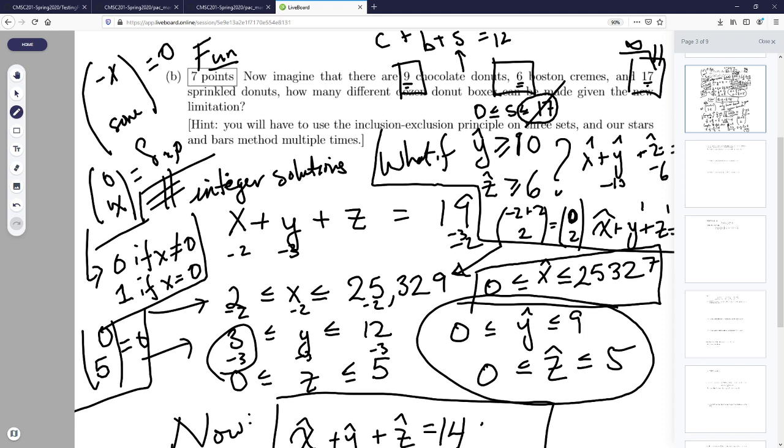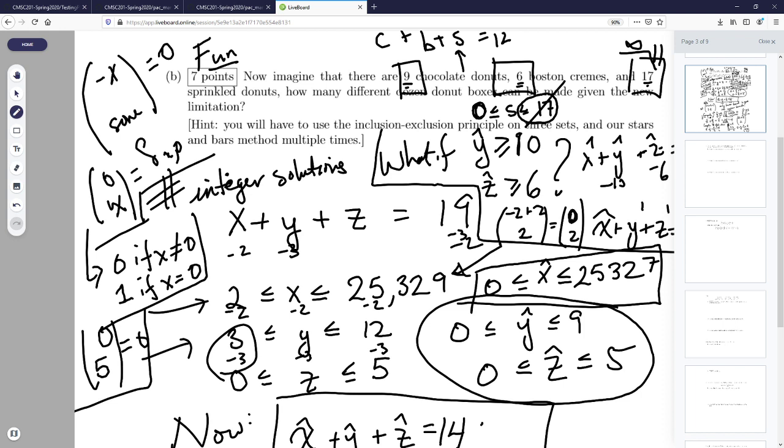Remember that the stars and bars method only considers unbounded variables: it's bounded below at 0 so that it's non-negative, but there's no upper bound. So if it's 17, you can ignore it.